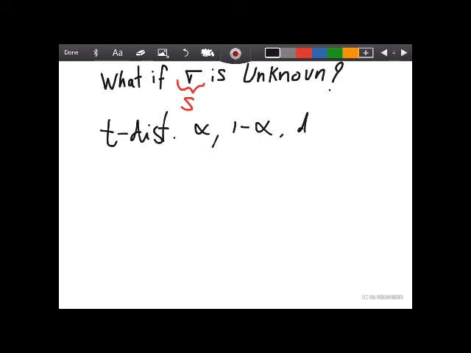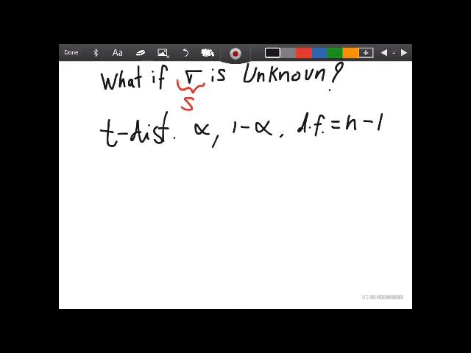So, degrees of freedom are related to the number of observations. And the number of observations is going to be n. And because we're doing one estimation of one parameter, which is s, we're losing 1 degree of freedom. So then degrees of freedom are going to be the number of observations minus 1. Okay?